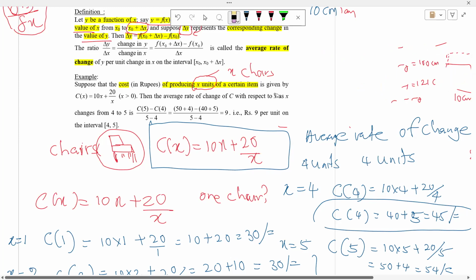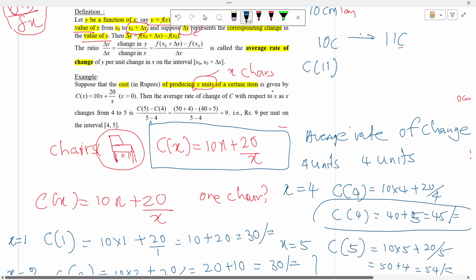Okay, now tell me, similarly, I'm asking you a question, right? Now tell me what is the average cost change between 10 chairs and 11 chairs, right? So what do you do? For the average rate of change, first you need to find the cost for manufacturing 11 chairs.